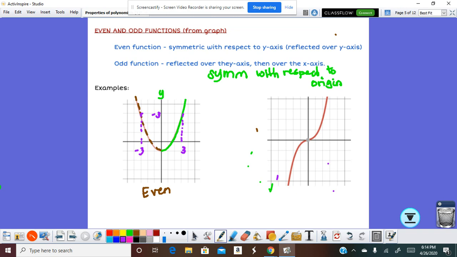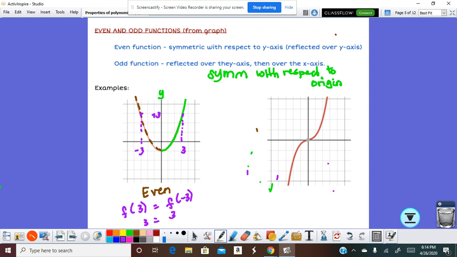So for this one, f of 3 is equal to f of negative 3. Both of them are equal to positive 3. So the reflection is over the y-axis.